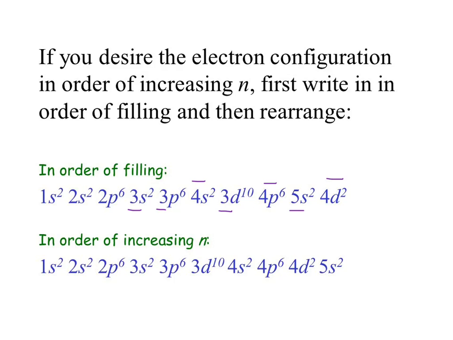So with this second notation, it's kind of moving this one over and moving this one over, collecting our n's. However you want to think of it, it's still the same way of saying where electrons are hanging out.